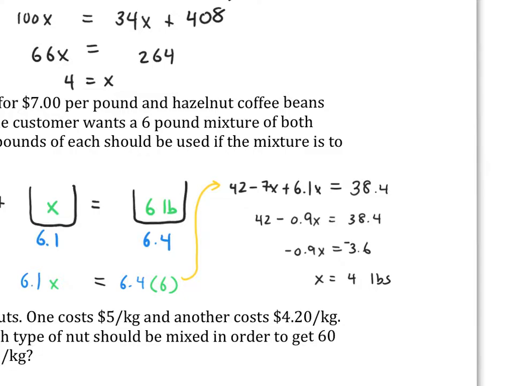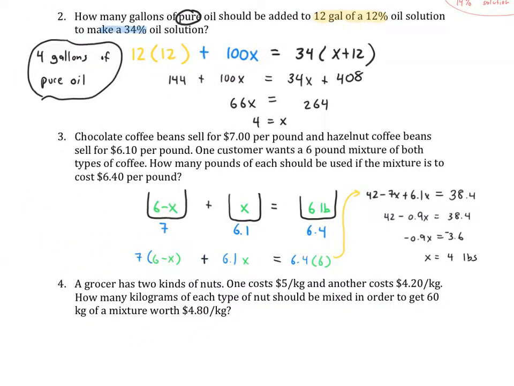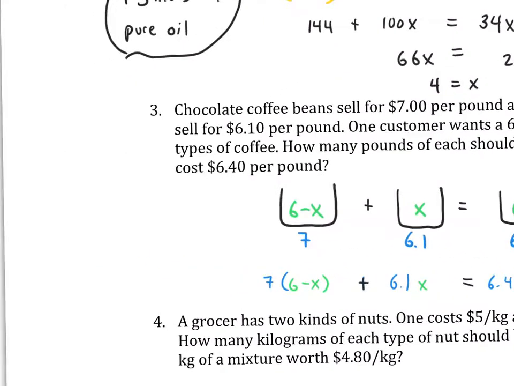So let's just clarify which is which. The $6.10 per pound is the hazelnut. So I need 4 pounds of the hazelnut, which means I need 2 pounds of the chocolate.